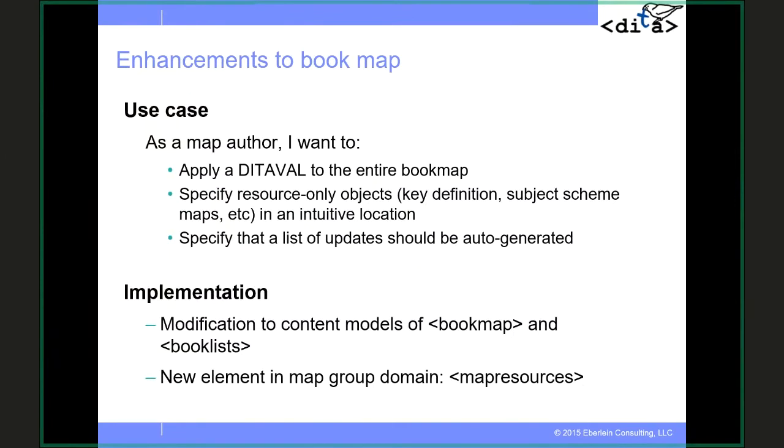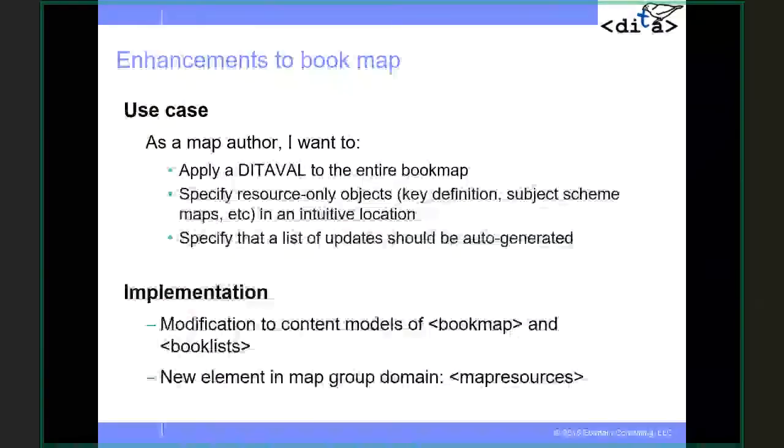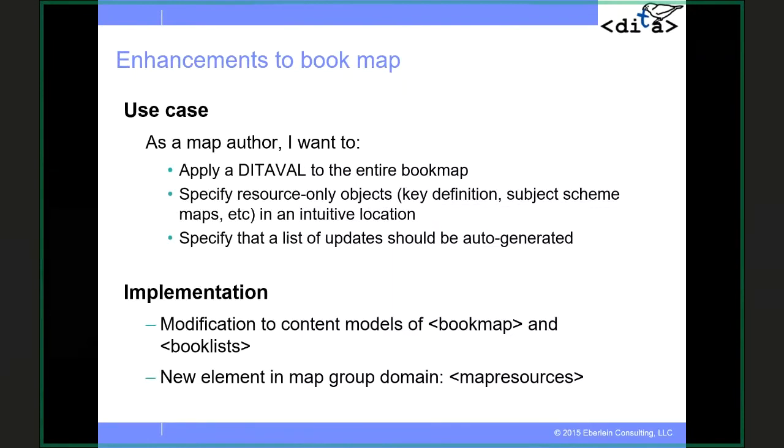There was no way for authors to specify that they wanted to apply a DITA file to an entire book map, and no clean place to really specify where to locate your resource-only objects like key definition maps or subject scheme.